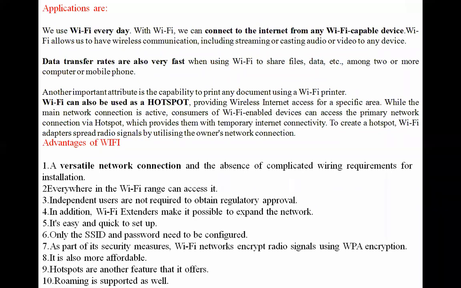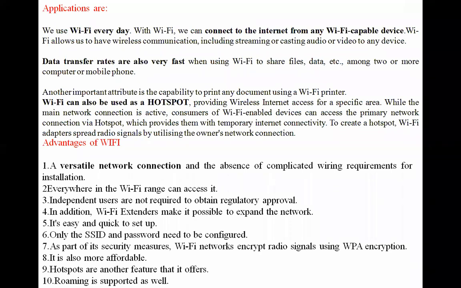So Wi-Fi can also be used as a hotspot for providing wireless internet access for a specific area. While the main network connection is active, consumers of Wi-Fi enabled devices can access the primary network connection through the hotspot, which provides them with temporary internet connectivity.